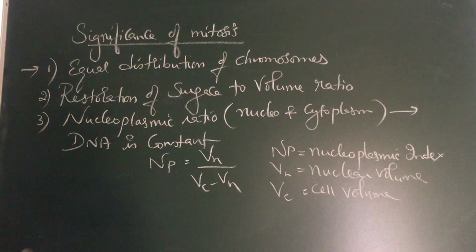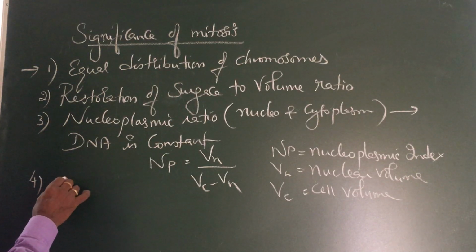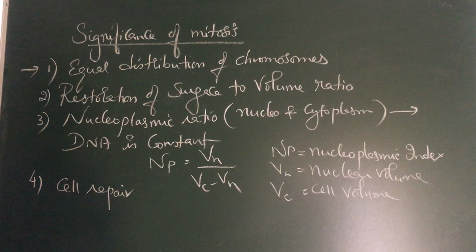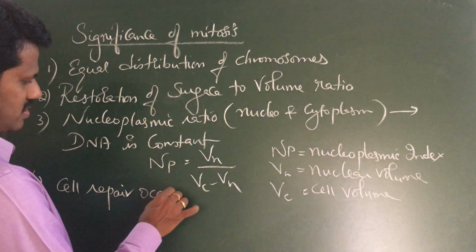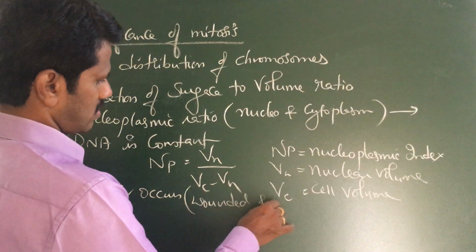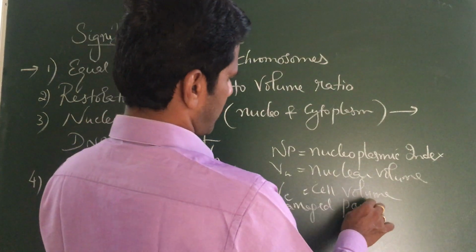And next, cell repair can be done by mitosis. Cell repair occurs by mitosis in wounded and damaged parts, which are replaced.